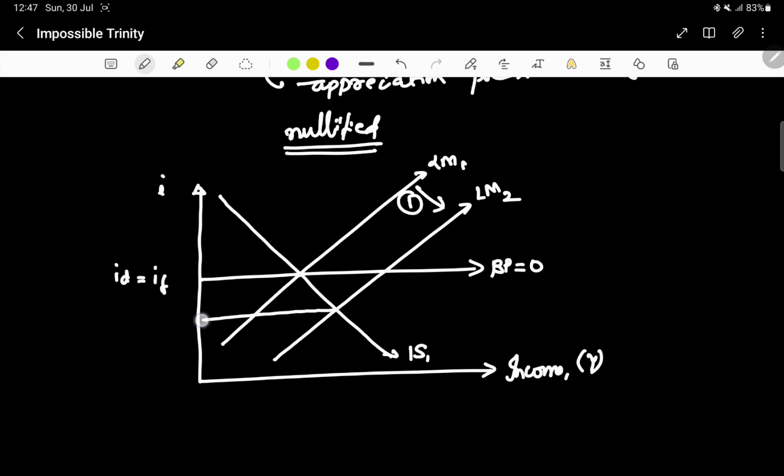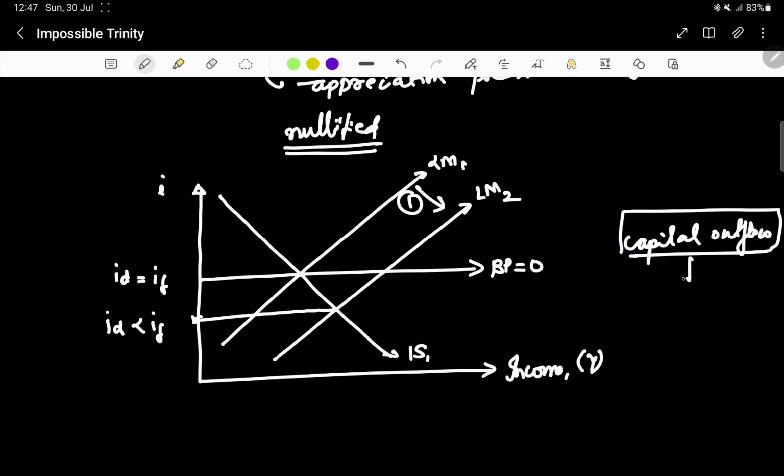Then, if due to some action the domestic rate becomes lesser than the foreign rate, what will happen? It will cause capital outflow, and this capital outflow may cause the depreciation of the currency.